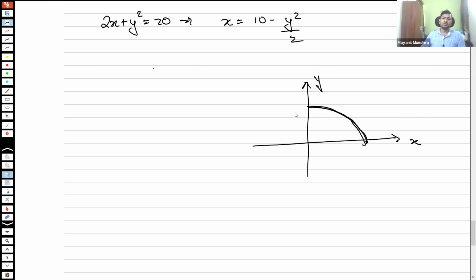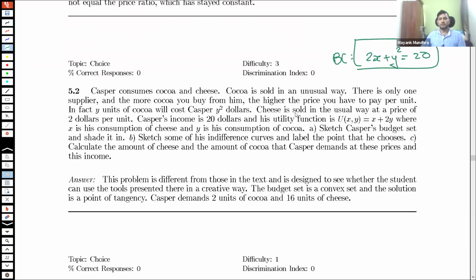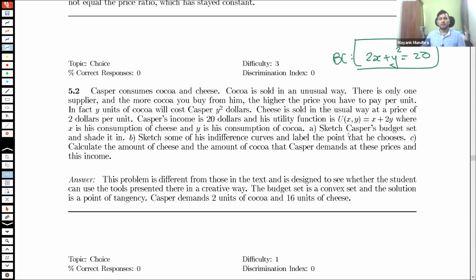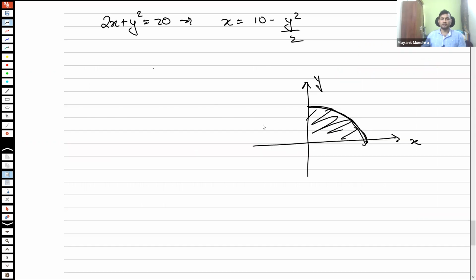So this is the budget constraint. Anything inside it is the budget set. So a rough idea. Sketch some of the indifference curves and label the point that he chooses. So the indifference curve is x plus 2y, so just draw some straight lines. So the utility function is x plus 2y. So what is going to be the slope?